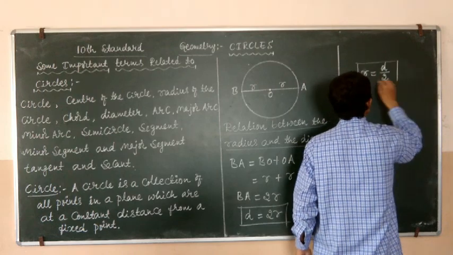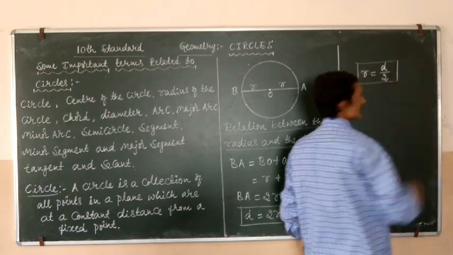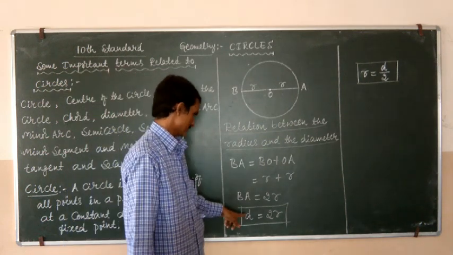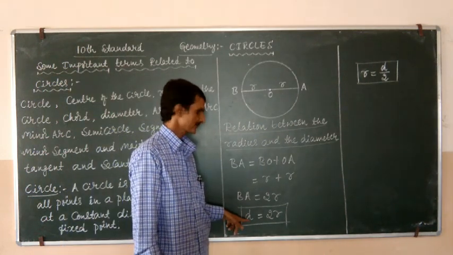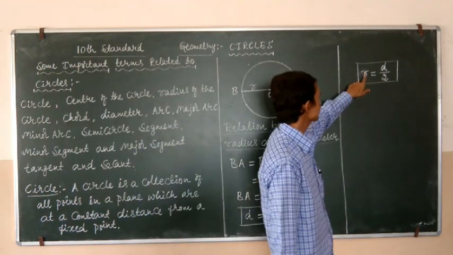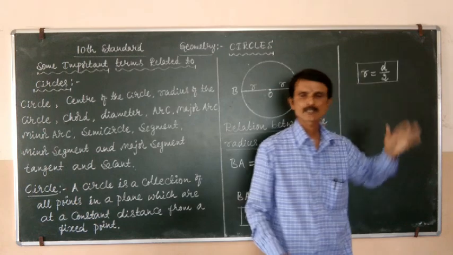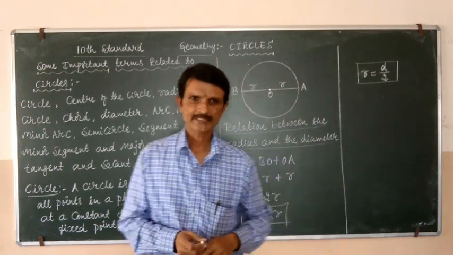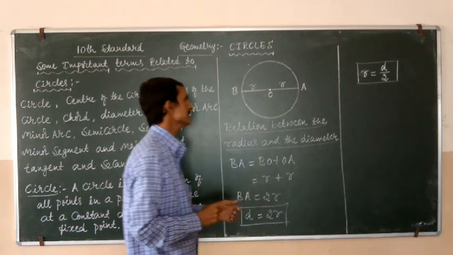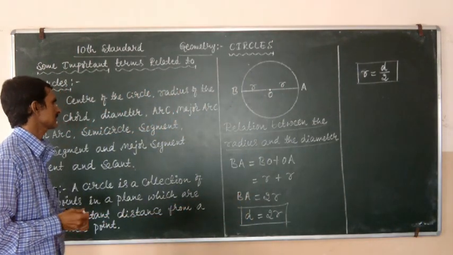So this is also the relationship between the diameter and the radius. Diameter is twice the radius, or we can say that radius is always half of the diameter. So this is the simple relation between the diameter and the radius of the circle.